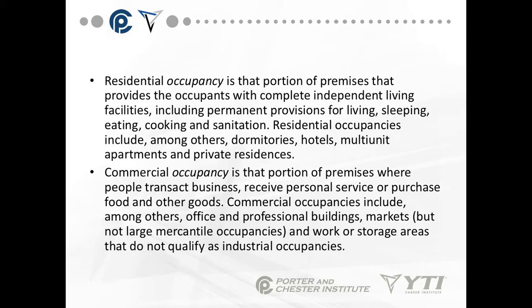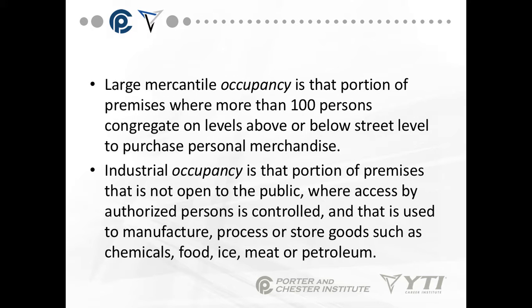Residential is where occupants live, independent living facilities. Residential also can be dormitories, hotels, multi-unit apartments, and private residences. Commercial occupancy is the portion of premises from which people transact business. All of this has to do with getting people out of a space without a problem.